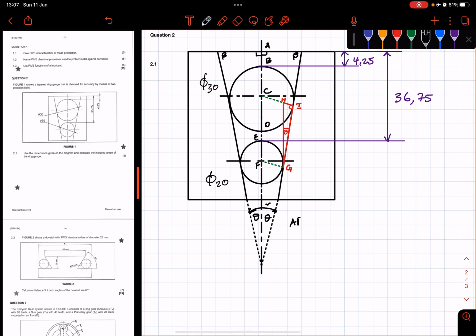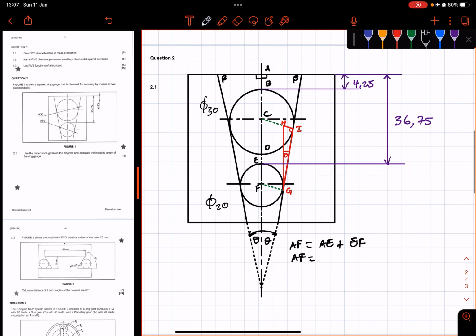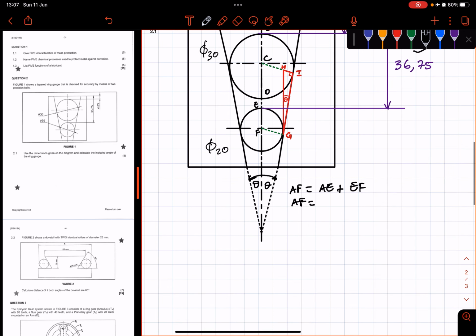AF is equal to AE plus EF. What is this equal to? AE is equal to 36.75.